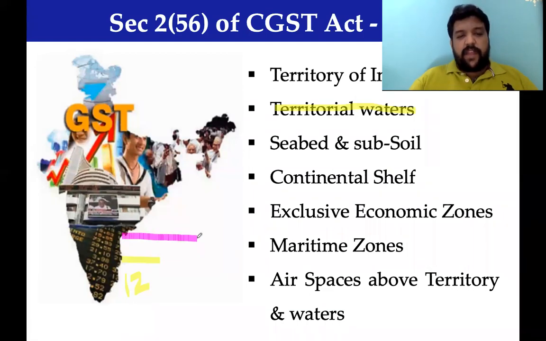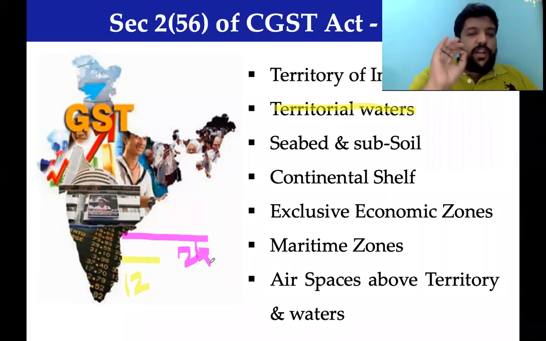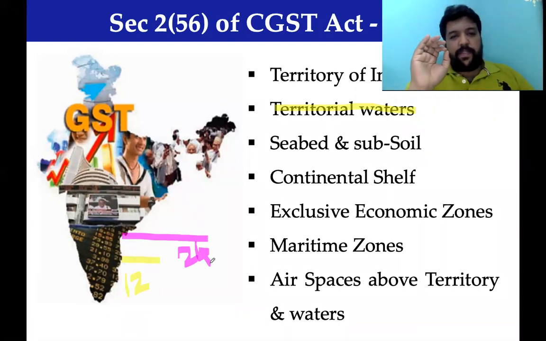From the baseline up to 24 nautical miles is called the contiguous zone. The contiguous zone does not form part of the list here. No, sir, the continental shelf is there. That is separate.